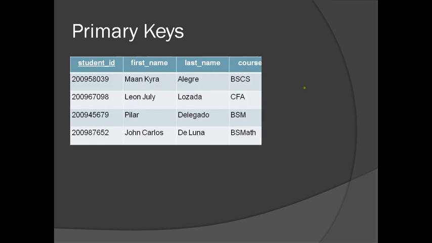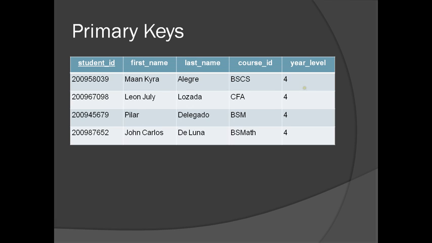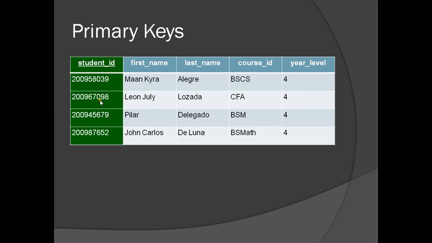Let's take a look at our previous example, the student relation. The primary key here is the field student ID. A primary key determines the whole record and every field data of the record for that matter. So let's say, what is 2009-61798's first name? That would be Leon July.